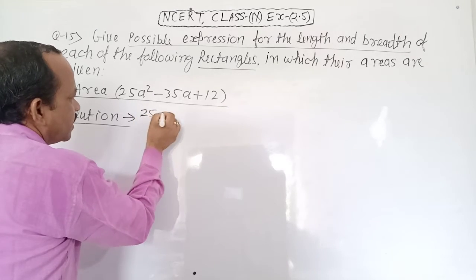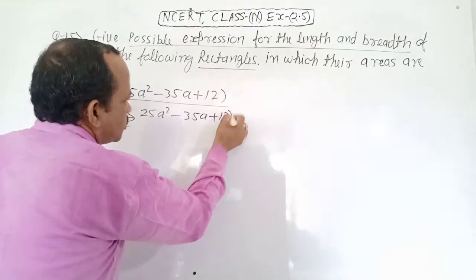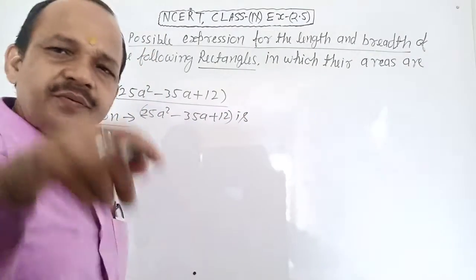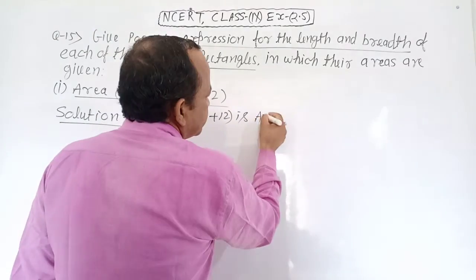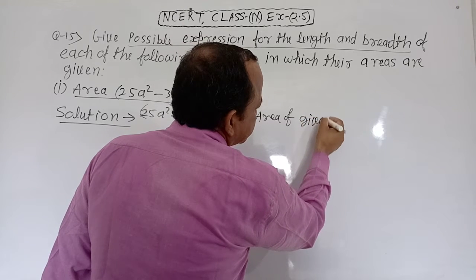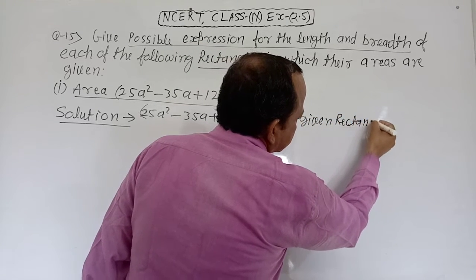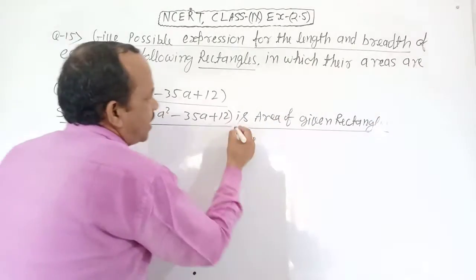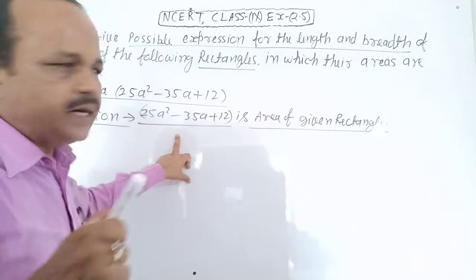25a square minus 35a plus 12 is the area of the given rectangle. Clear?